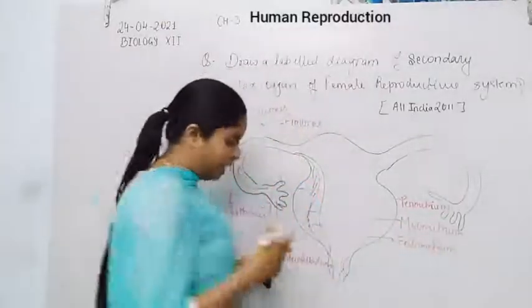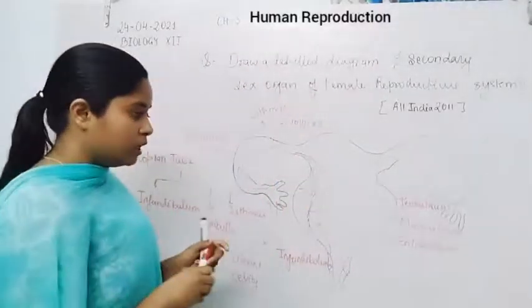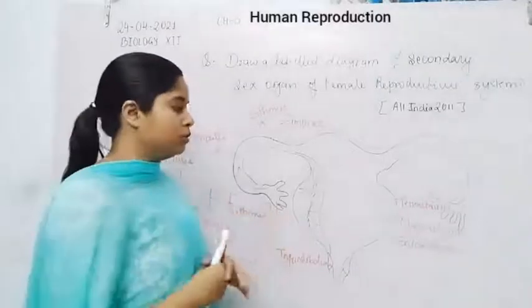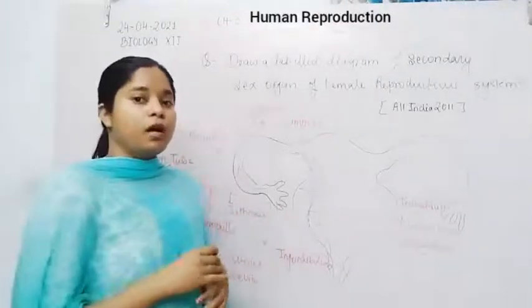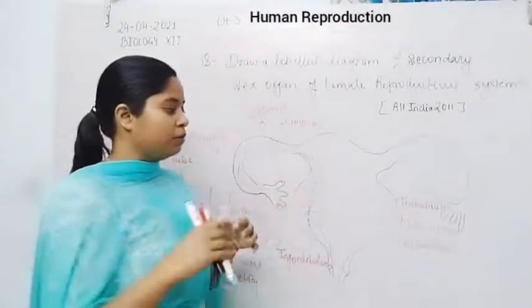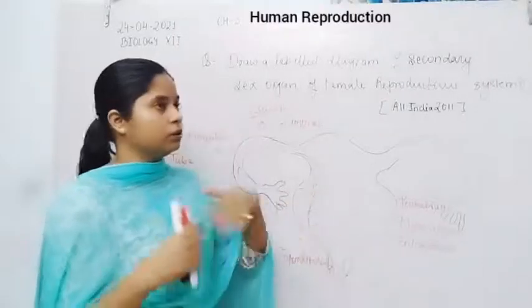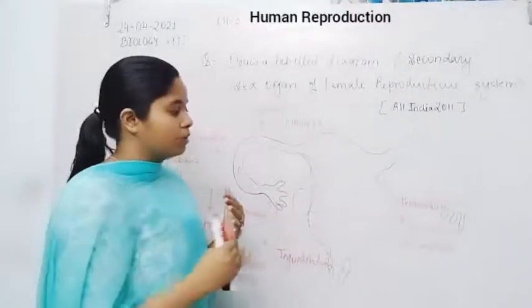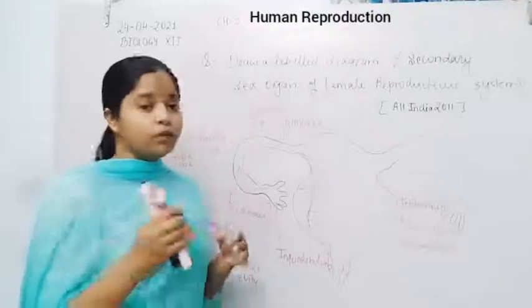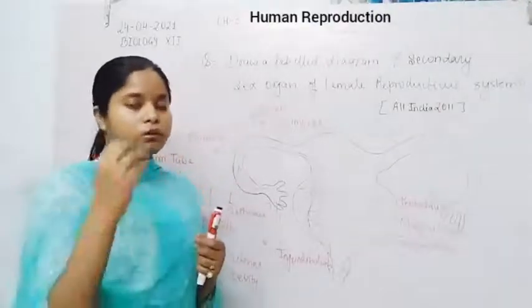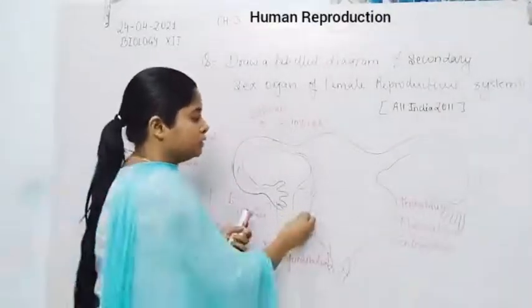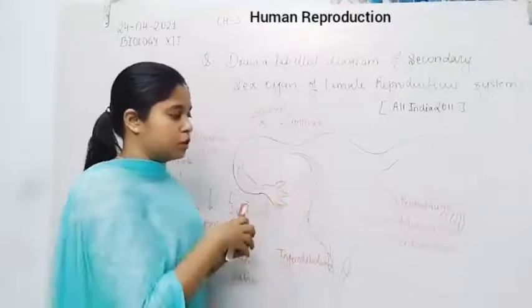which forms every month in the female uterus during the menstrual cycle. So every month it is prepared for fertilization, or for proper embedding, so that after fertilization the embryo gets embedded in the endometrium wall of the uterus.